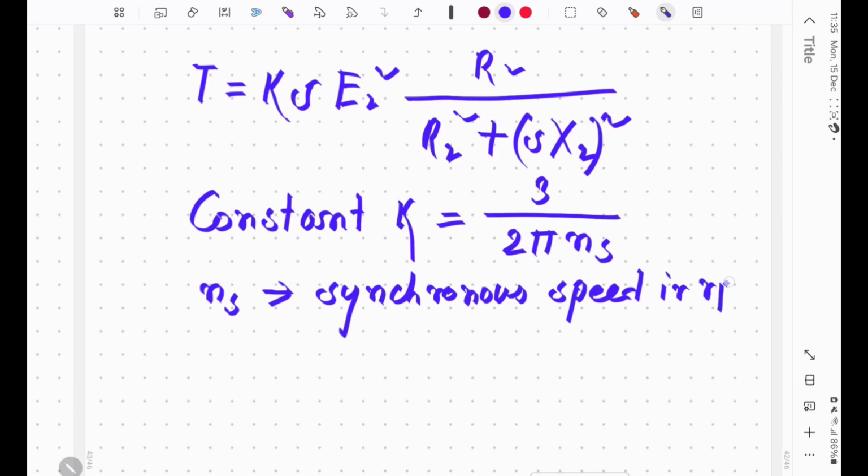in rps. So this ns is equal to Ns by 60.